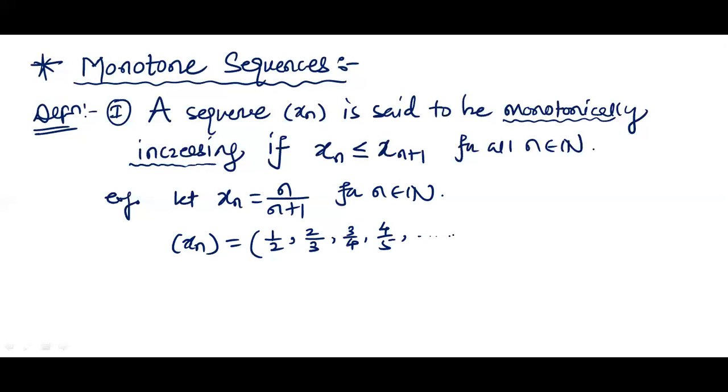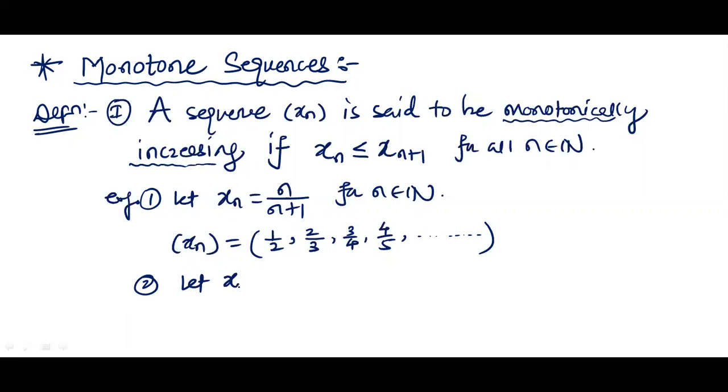You can note that the terms of the sequence are increasing. 1 by 2 means 0.5, 2 by 3 means 0.6666, 3 by 4 means 0.75, 4 by 5 means 0.8. See, terms of the sequence are increasing. Any term of the sequence is less than or equal to its next term, right? Let's see another example.